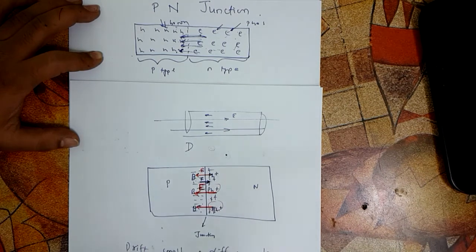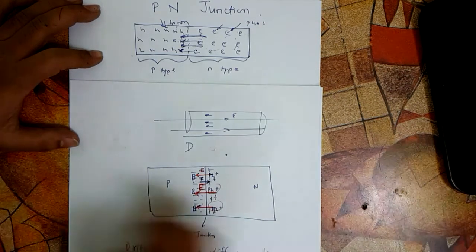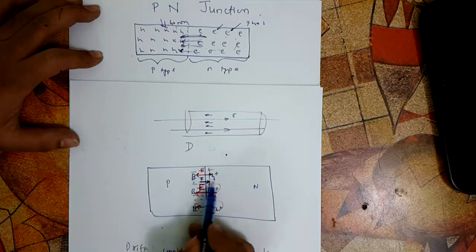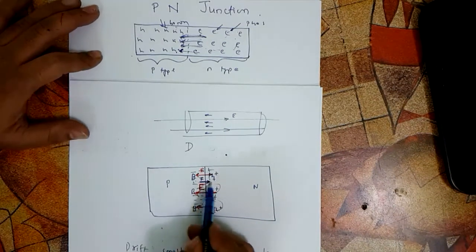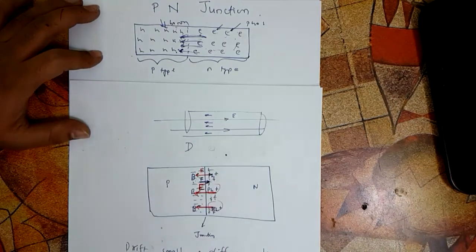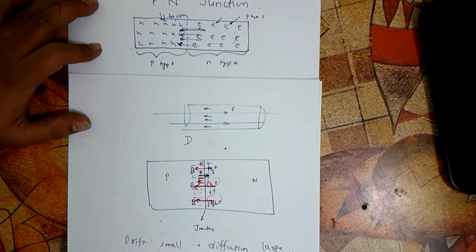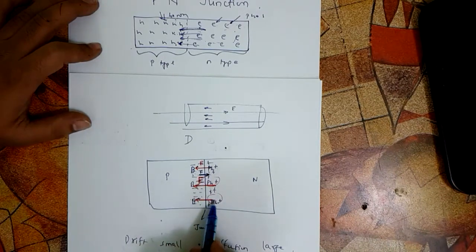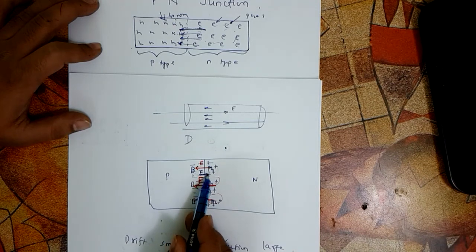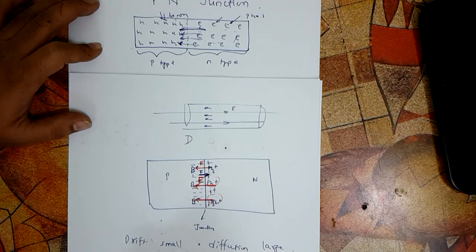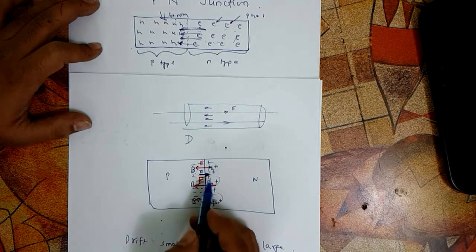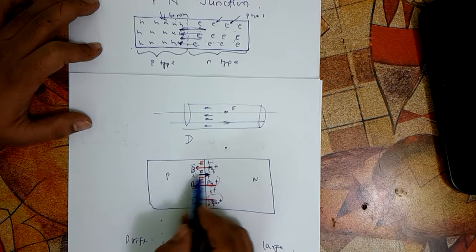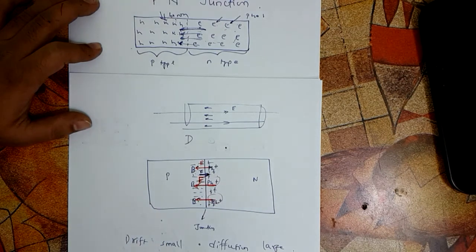And if the electric field keeps increasing in magnitude, then the force which makes it go back, the drift force, keeps increasing, until a time comes when so many electrons have diffused that such a strong electric field is produced, and because of this strong electric field, even the drift has increased to a good level. A time comes when the number of electrons diffusing towards left because of concentration gradient becomes exactly equal to the number of electrons drifting towards right because of the electric field.